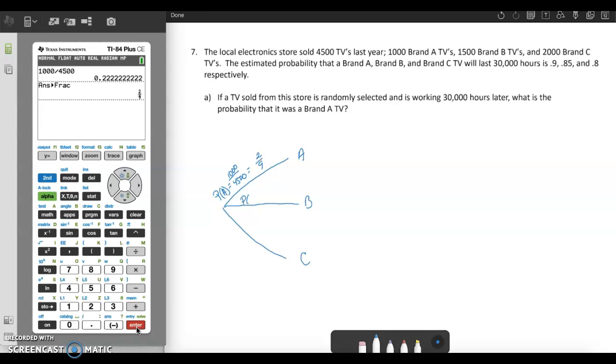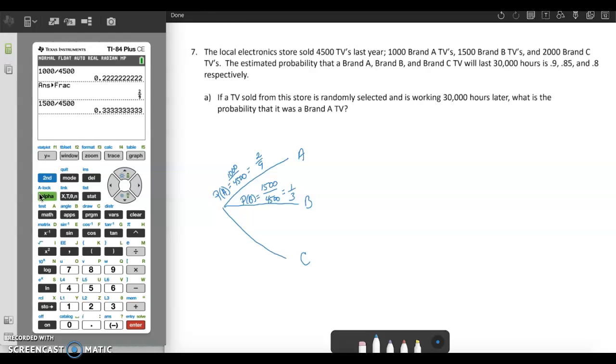The probability that it's a brand B TV is 1,500 out of 4,500, which reduces to, let's see, 1,500 divided by 4,500 is 0.3 repeating forever, which is 1/3.